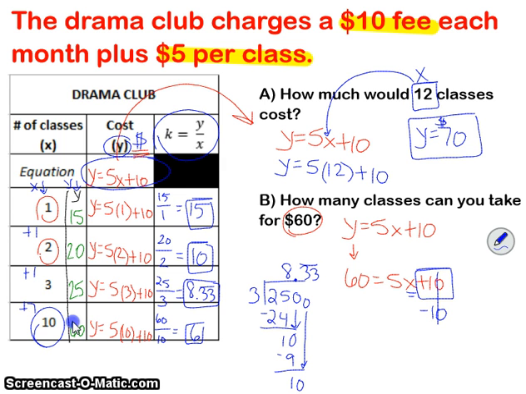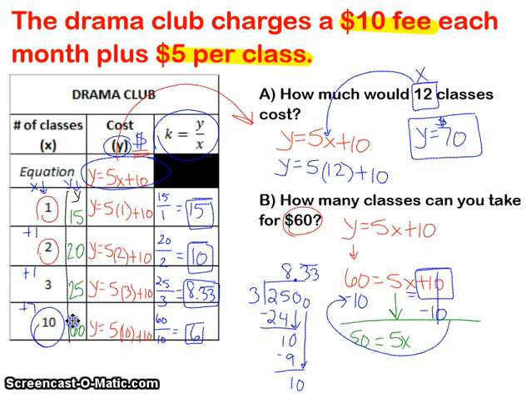Then I go to the other side of my equation here, and it needs to go over here as well, so minus 10. Now what I have to do is 60 minus 10, and 60 minus 10 I know is 50. Then I'm going to bring this 5x down as well as my equal sign.